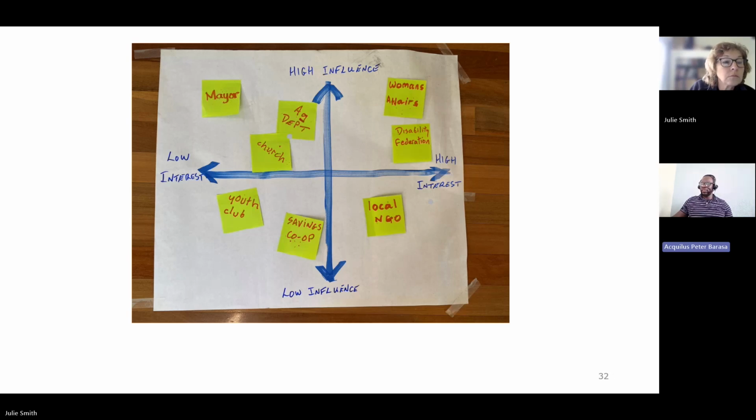And then on the other side, the Women's Affairs Office has a high influence and is highly interested. So let's make sure that they are all involved in our project. So this can help you plan out what you're going to focus on and who you need to shift. Yeah, so it's a useful one as well.